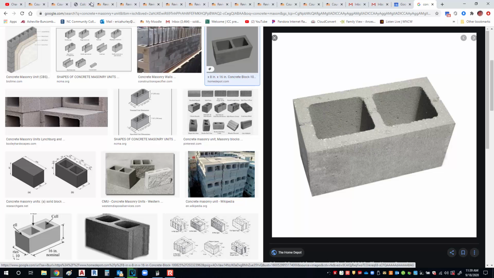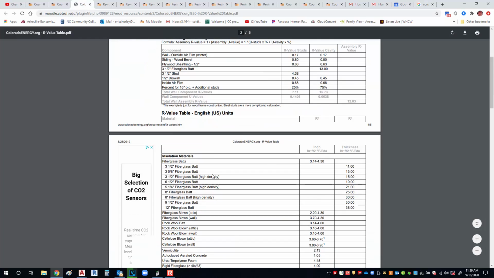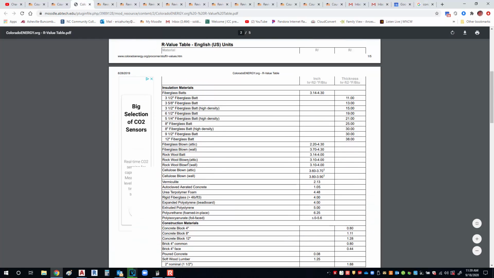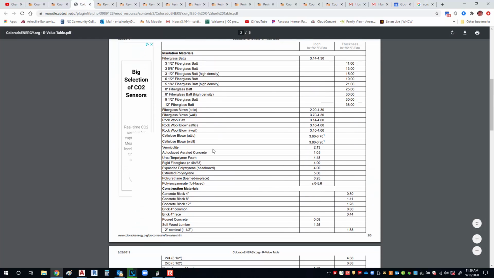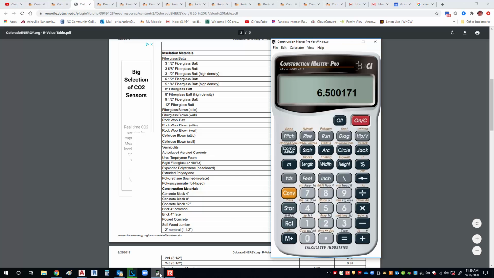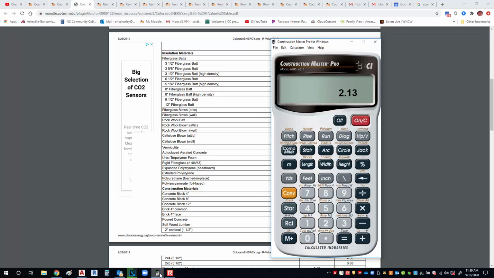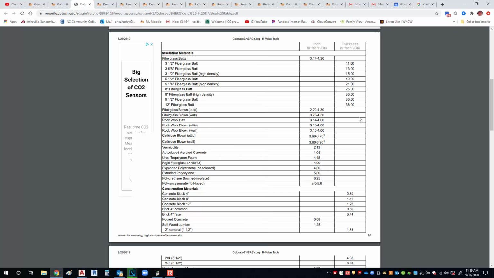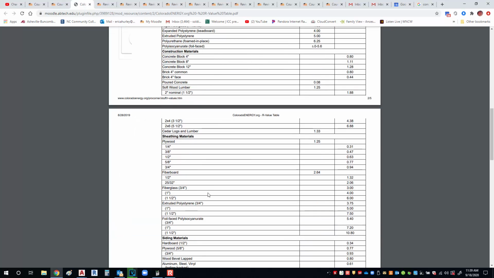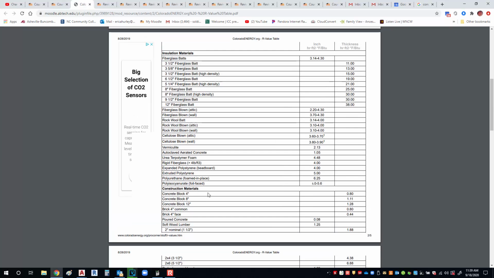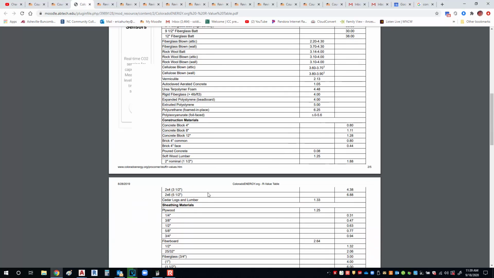Let's go over to our chart and find vermiculite. We've got insulation materials. We have vermiculite right there at 2.13. So 2.13 times 5.5 inches equals 11.7. Now what is the block? The block itself, probably in construction materials.